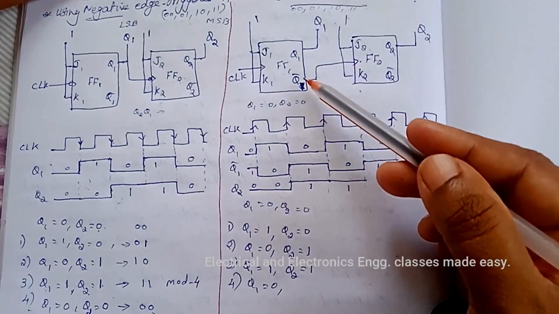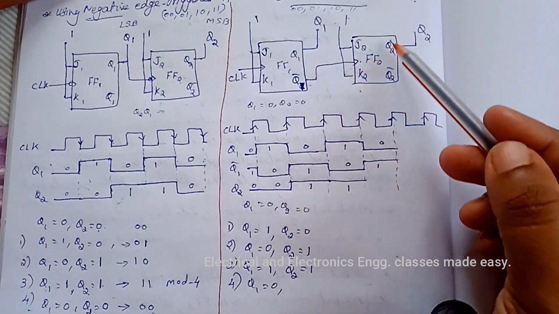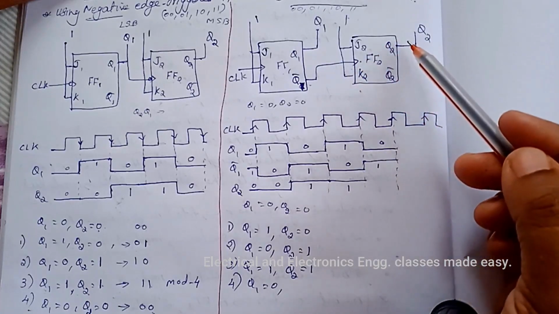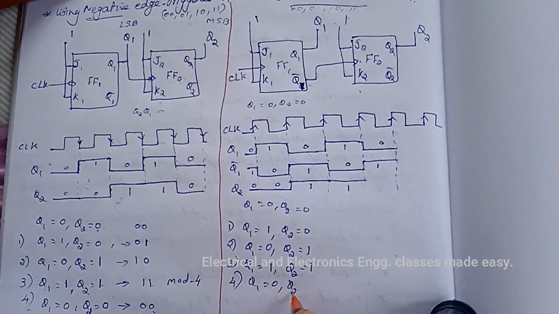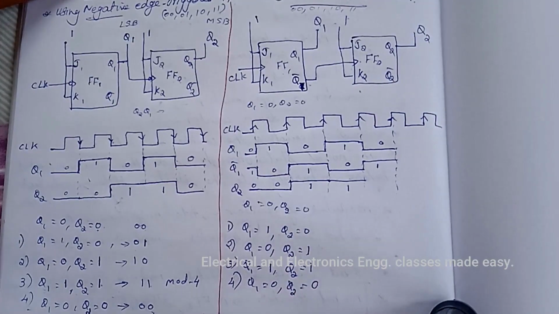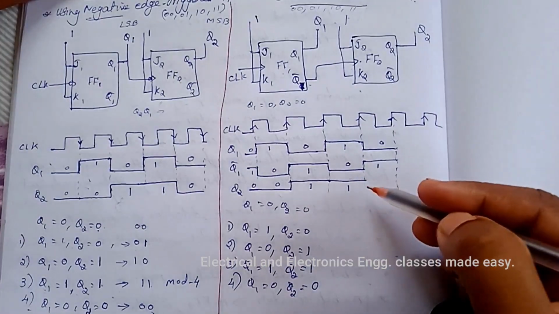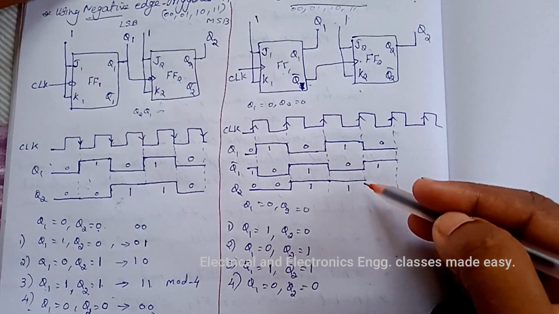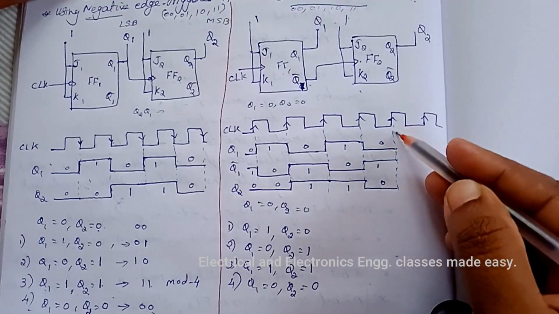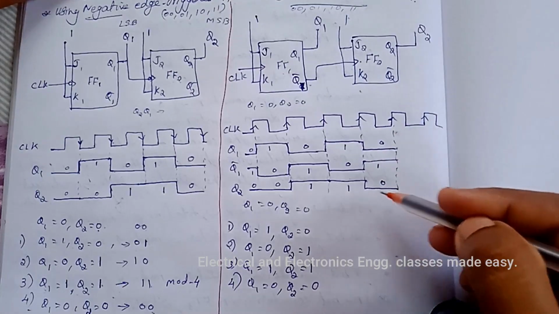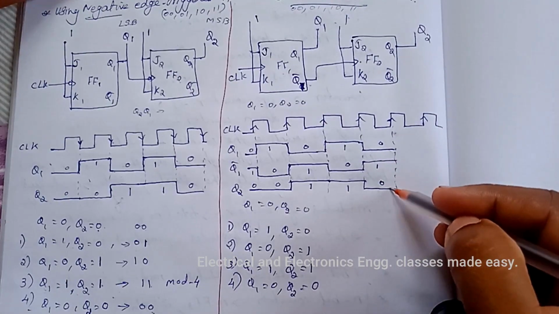So Q1 bar becomes 1 means the second flip-flop toggles, that is output toggles means Q2 is equal to 0. Q2 is equal to 0 in this case. So up to next positive going edge, Q2 will be equal to 0.